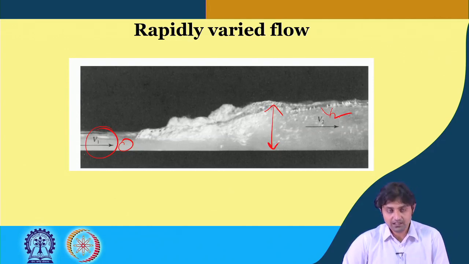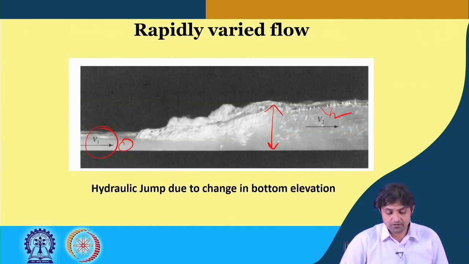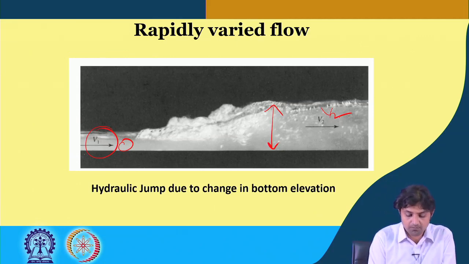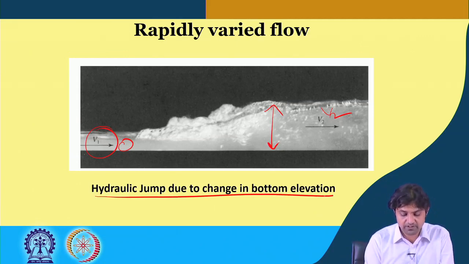In that case the flow varies very rapidly. Suddenly if there is a rapid change in the water level elevation, it is called rapidly varied flow. In this particular case, there is a hydraulic jump due to the change in bottom elevation.